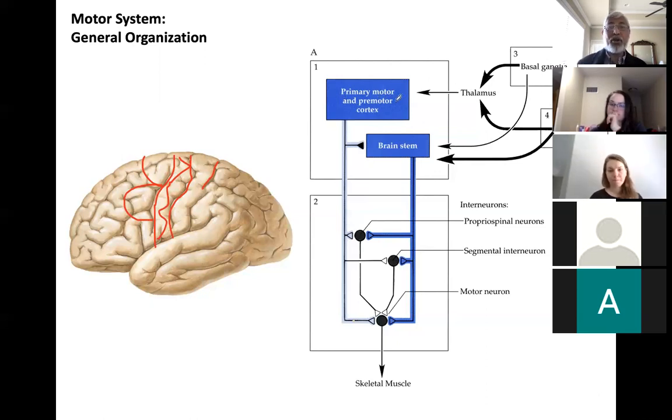But to know that it doesn't go directly to the primary motor area. The premotor area will do the planning, they will go through the basal ganglia, they will go to the cerebellum, and then eventually they will come to the primary motor area or the brainstem. And eventually from there, the signal will go to the muscle to perform the action.